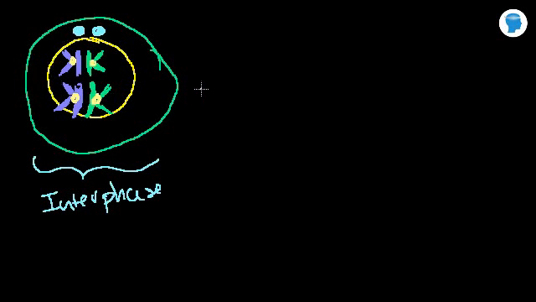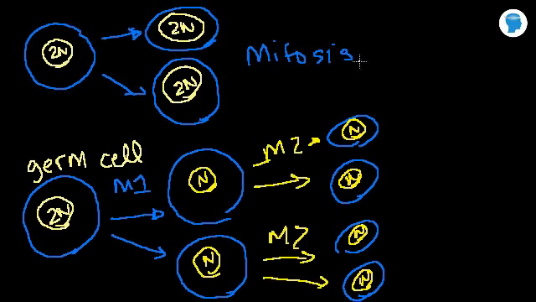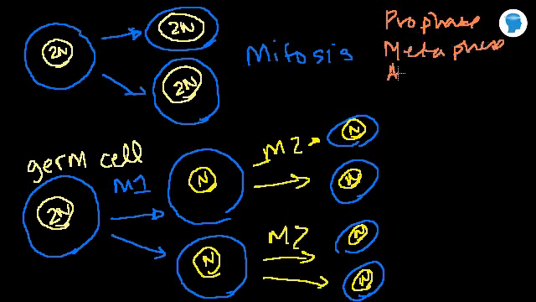This is a germ cell. So what happens is we enter into Prophase I. So if you remember, let me write this down because I think it's important. In mitosis, you have prophase, metaphase, anaphase, and telophase.